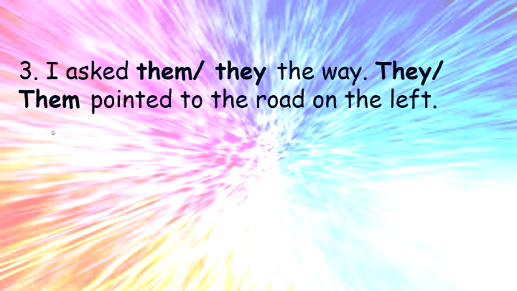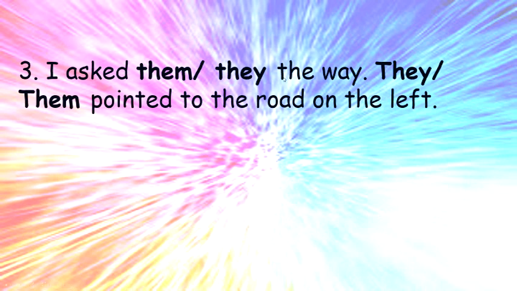They or them pointed to the road on the left. Now they or them are the third person personal pronouns. Here it is the subject place because it is the doer of the action pointed. So accordingly make your choice.